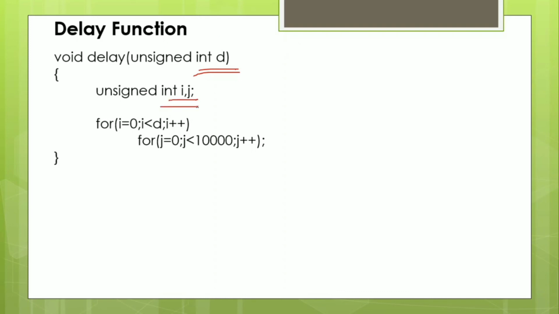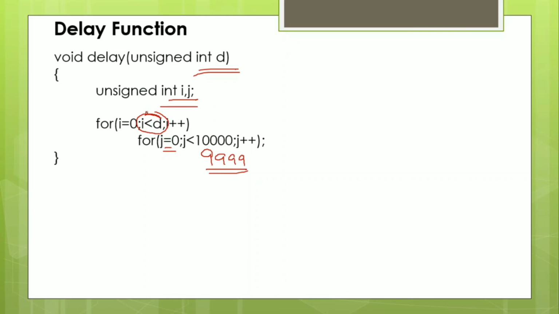Now I am taking two integer values, i and j, for looping purposes. I take the value of j equal to 0, varying up to 9999 times. Once it is varied, I go back and increment the value of i until it reaches the value of d. Here I have taken d as 50.